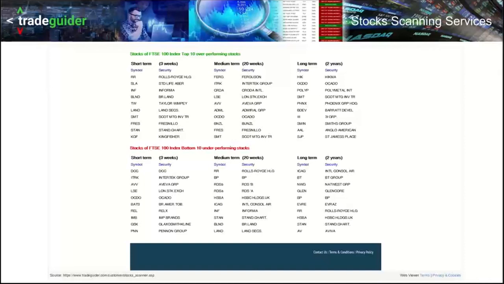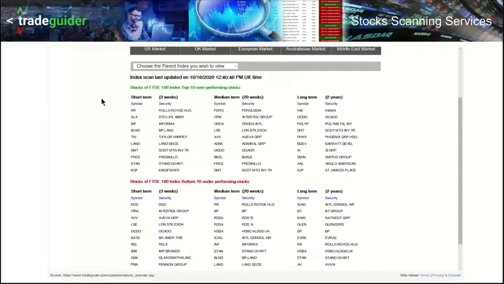Why do you need all that? And who needs that? If you are a scalper, if you are intraday trading stocks or scalping them, you may need to look into the short-term values. If you are a swing trader with trades which take from several days to several, I would say, months, then you may need to look into the stocks under the medium-term scan.